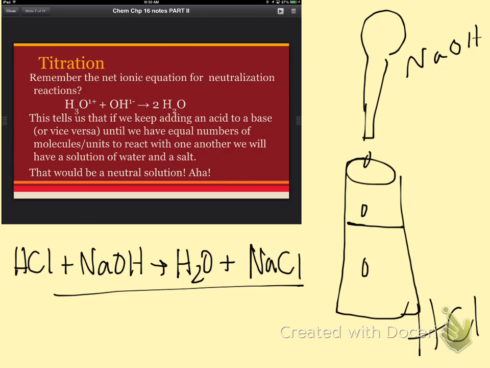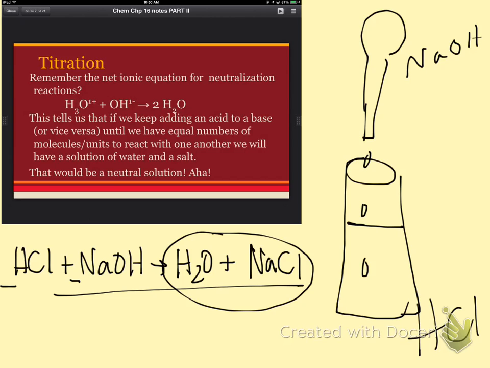If I put in 362.5 moles of hydrochloric acid, how many moles of sodium hydroxide could I neutralize? Yeah, you're getting the picture here. Equal numbers of moles. And I know that because I can look at this balanced equation and say for every 1 mole of hydrochloric acid I can neutralize 1 mole of sodium hydroxide. And at the point when they're all neutralized, I have this solution, which is neutral.